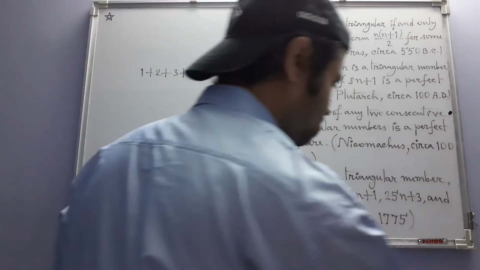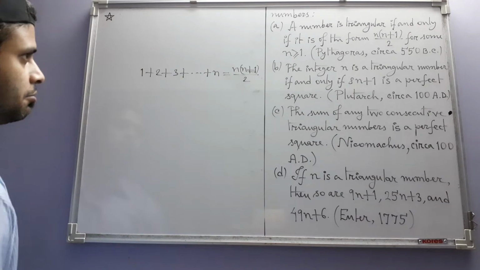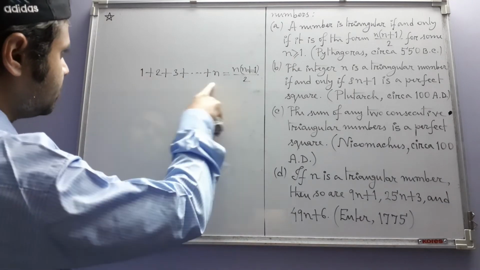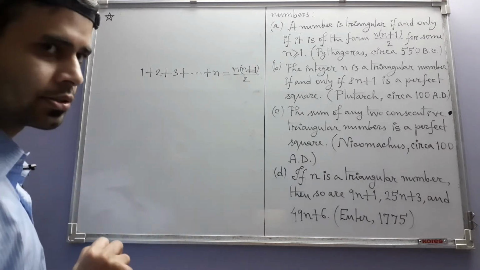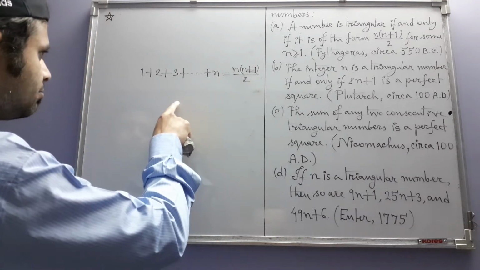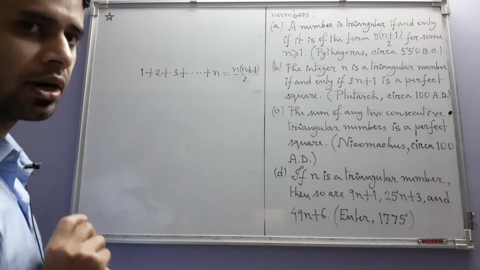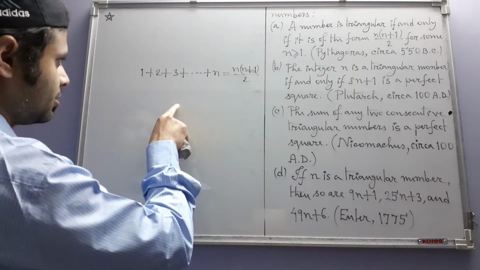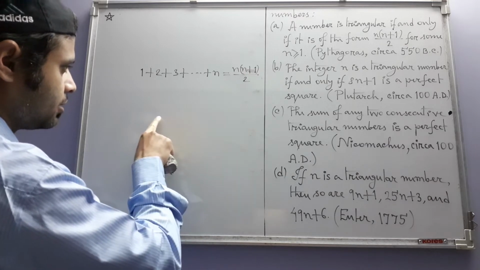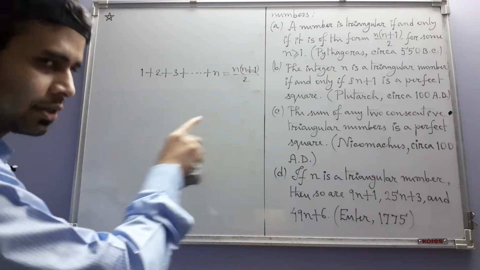So we are just simply going to mention that, because you see here we will be arranging this many dots, so it will give us the nth triangular number. First you have 1 dot, then in the next row you have 2 dots, then in the row below that you have 3 dots, and so on.